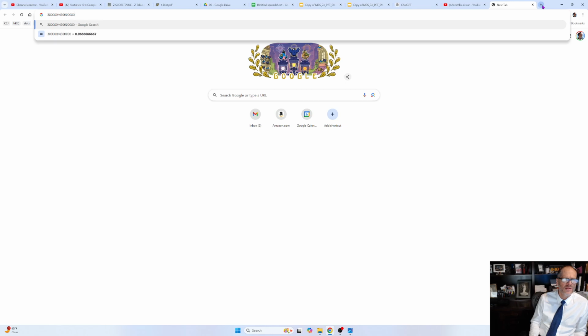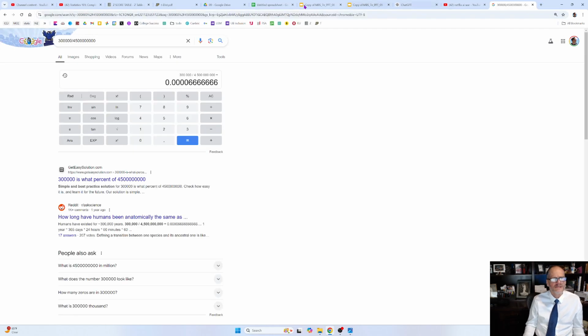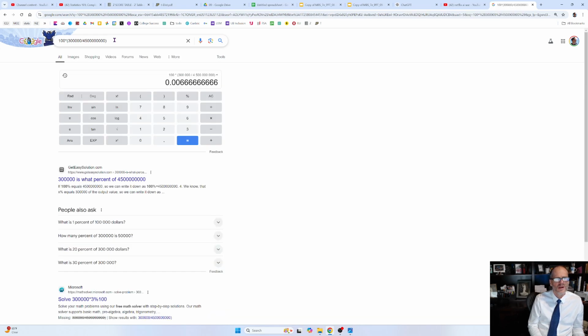That's the percentage of the existence of the planet that humans have been around, and we can make that a percentage by multiplying it by 100. So we've been around 0.006 or 0.007%, 6-7% of the time.